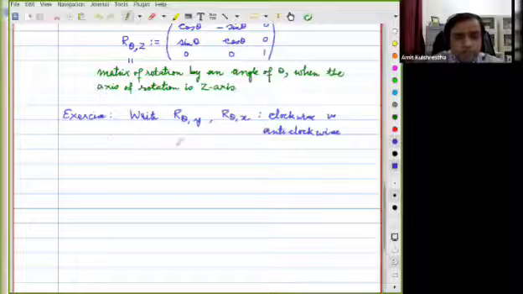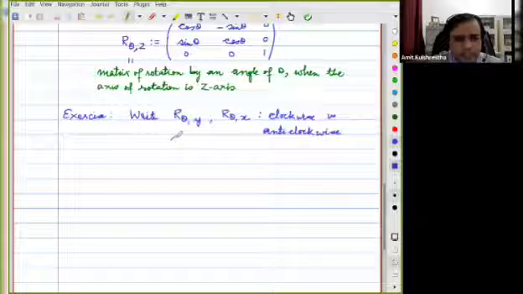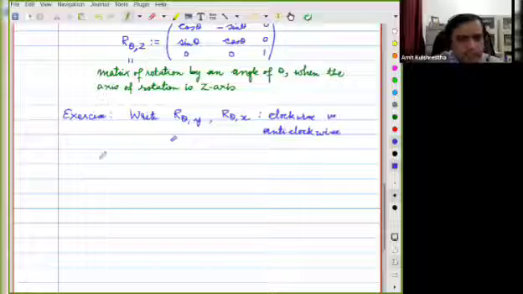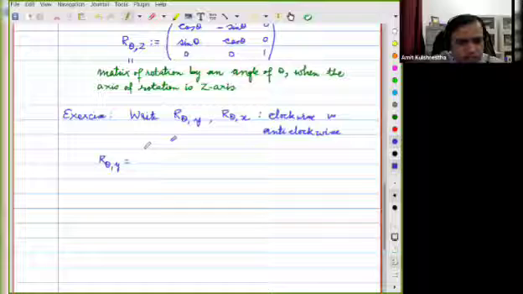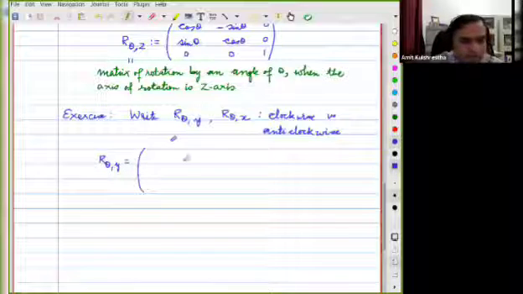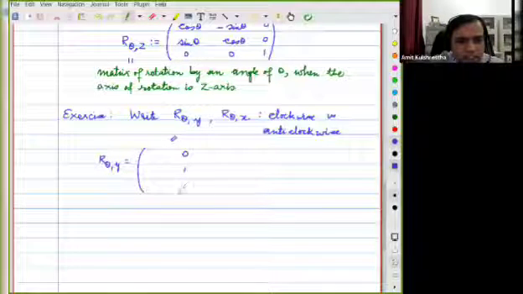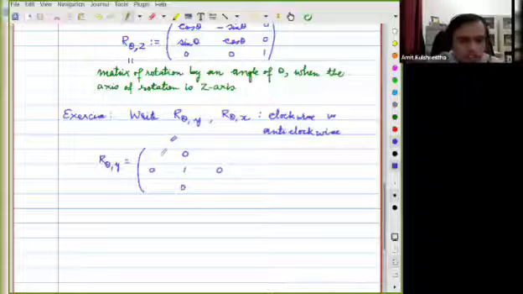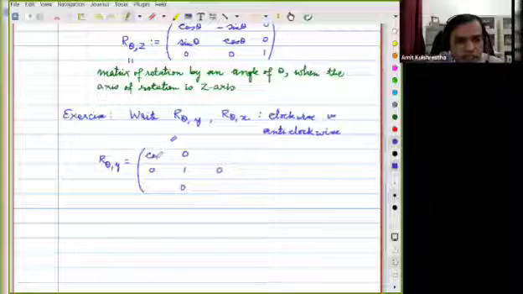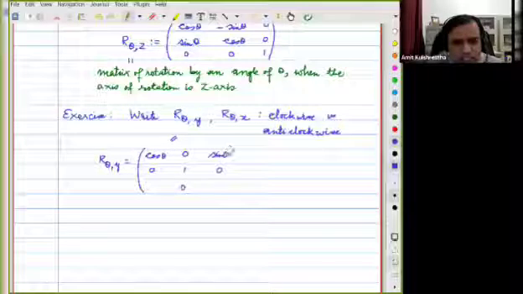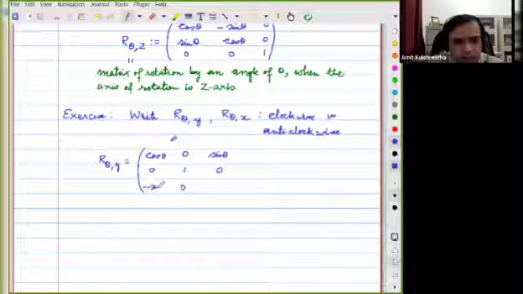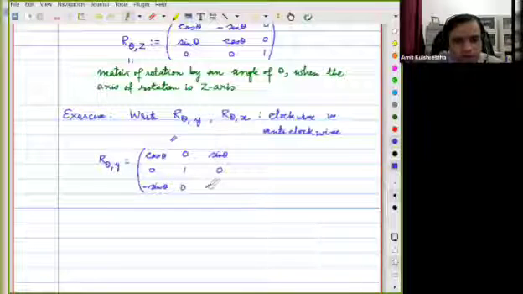In fact, maybe I should just say, rather than giving you an exercise, because my choice here makes R theta y look somewhat different. For R theta y, I will have things like 0 1 0 here and 0 1 0, right? Because my y axis, my y direction coordinate, will not change. But for the other part, rather than having cos theta and minus sine theta, I'll have cos theta, sine theta, minus sine theta, cos theta.